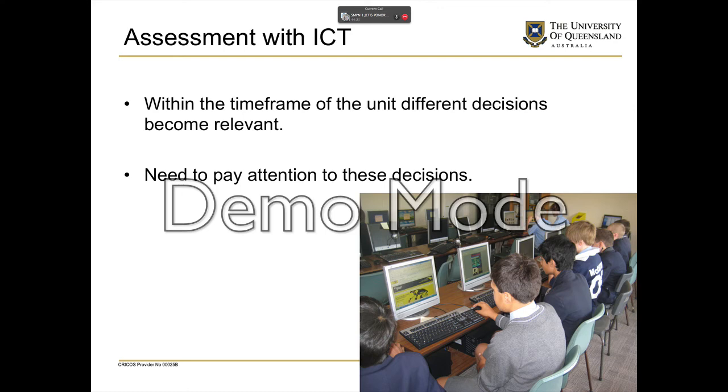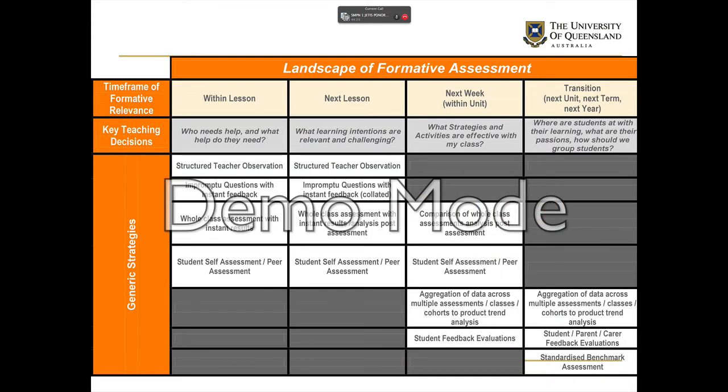If we go on to the next slide, I've included here a landscape of formative assessment. This is a page out of the book that Peter Kent and I have written that came out earlier this year. In the lesson, when teachers are assessing, it's about asking impromptu questions with instant feedback for the students.